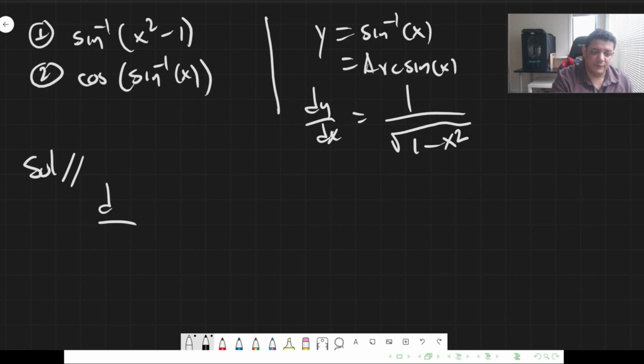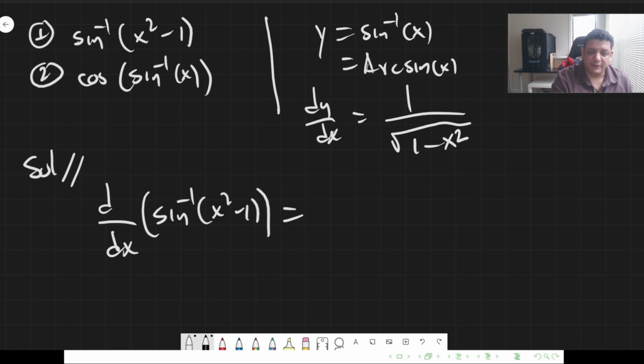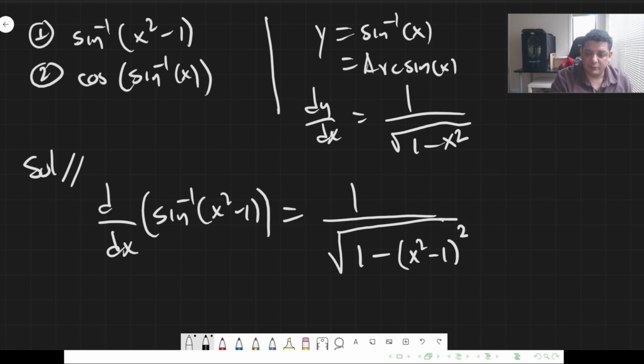The derivative with respect to x of sine to the minus 1 of x squared minus 1 is, I'm going to actually take the derivative of sine to the minus 1, which is 1 over the square root of 1 minus, and now I'm going to compose the function inside. So the function inside here is x squared minus 1, and that's going to be squared. We're composing in what this function is.